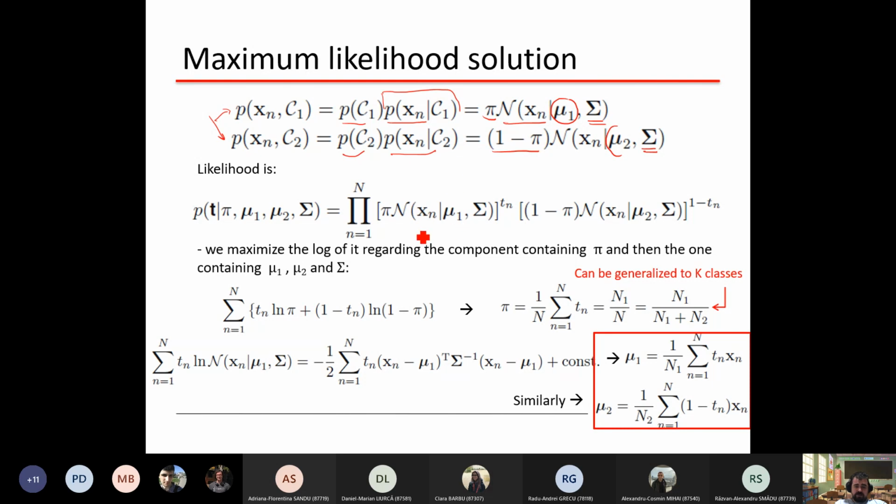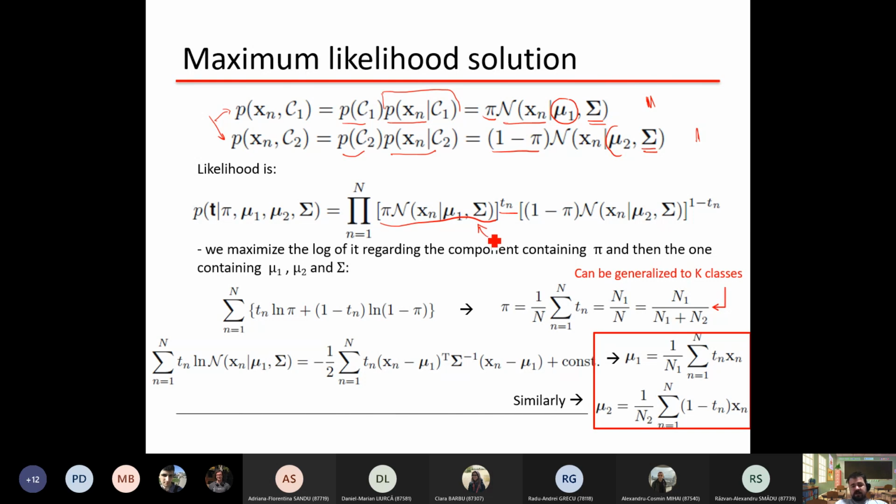And now when we compute the likelihood, we have to write it like this. We saw in the previous lecture how we go from here to here. So the probability is the product of the probability for the first class raised to the power t_n, multiplied by the probability for the second class. If the sample is positive, t_n will be 1 and this term will remain.